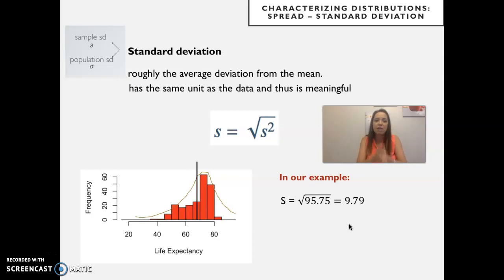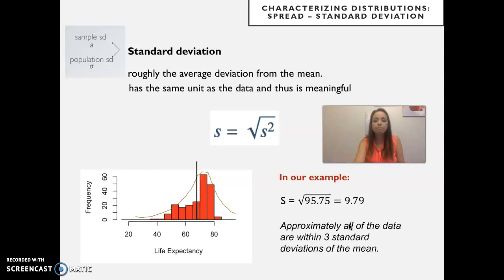So we know that we have more or less a 67.9 average of life expectation plus or minus 10 years as the spread. Now, it's important that you know too that approximately all of the data of a symmetric distribution will be within 3 standard deviations from the mean, almost 100%.